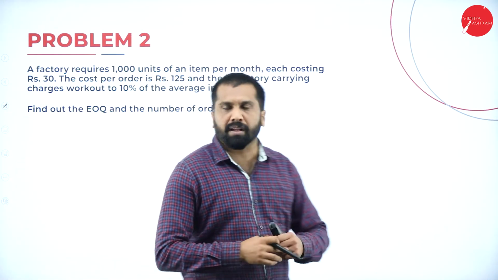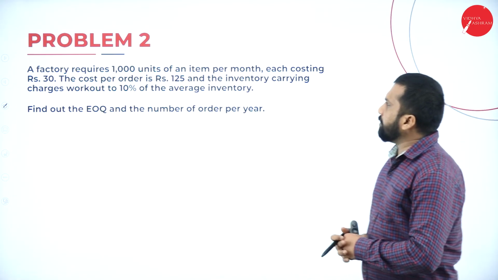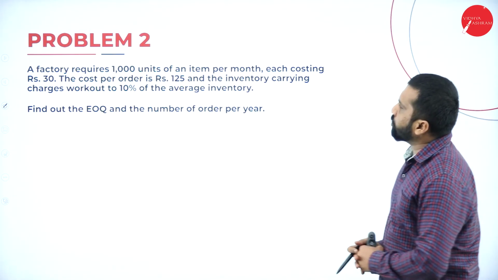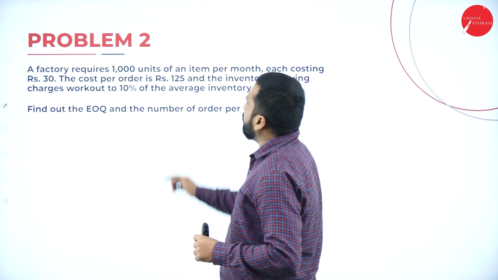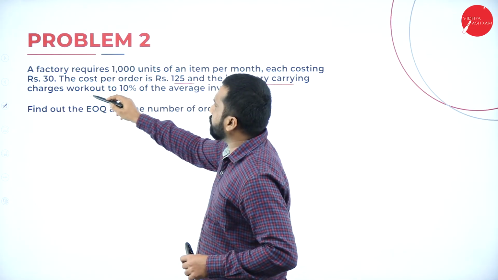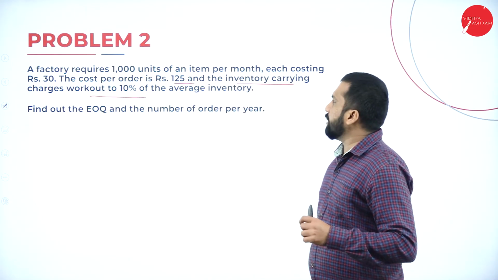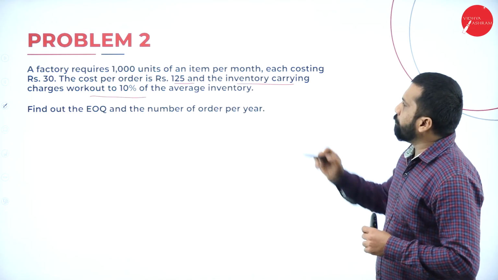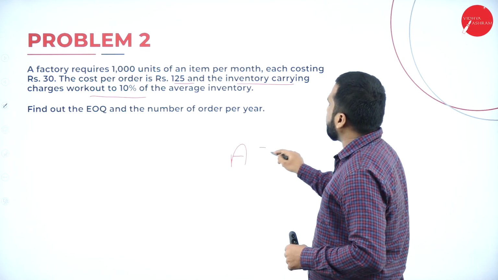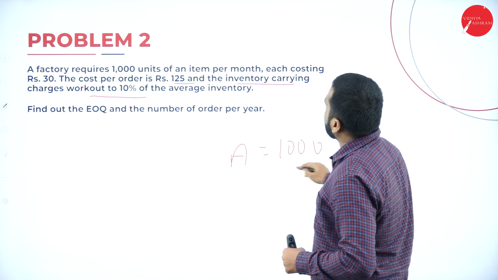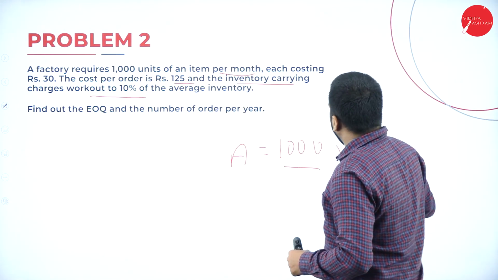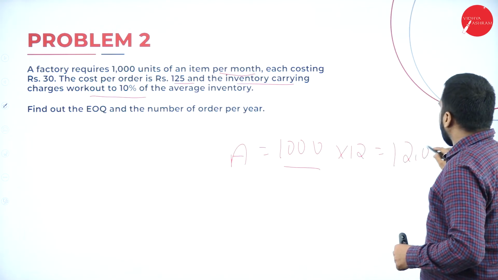Now, I'll go for the next one. Second problem: a factory requires 1000 units of an item per month, each costing rupees 30. The cost per order is 125 and the inventory carrying charges work out to 10% of the average inventory. Find out EOQ. Annual consumption: 1000 units per month into 12 means it will be 12,000.